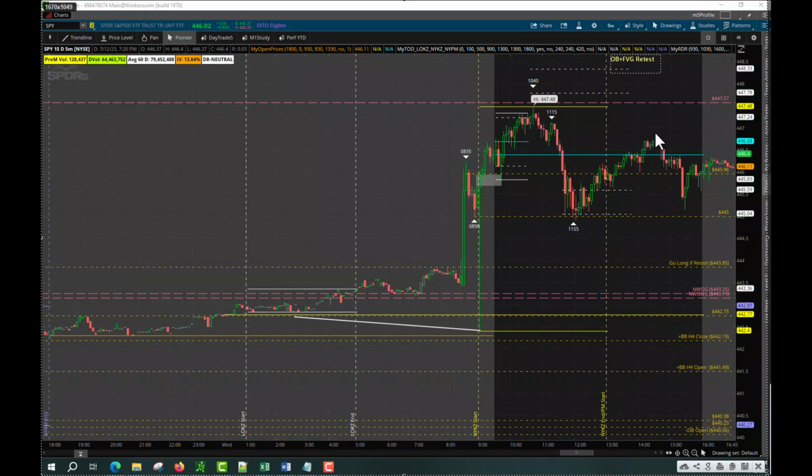Retest, and also confluent with the DR model, retracement. Okay, I have to move right here a little bit to make it more readable. And this one is a short setup. Okay.